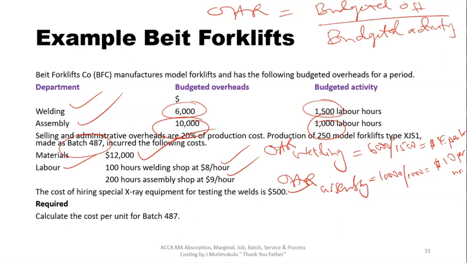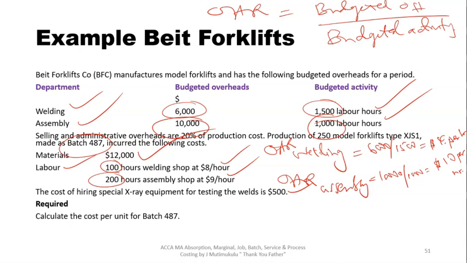So the presumption here is that the overhead is being absorbed at direct labor hours, okay? Because according to our computation of overhead absorption rate, the activity involved was labor hours. So let us just use the labor hours which were actually incurred. There were 100 hours in the welding shop and 200 hours in the assembly shop.